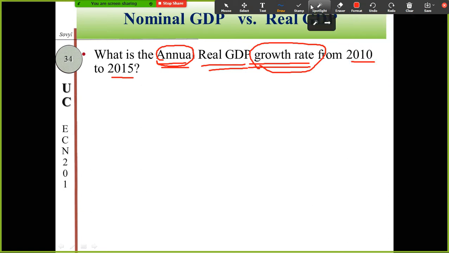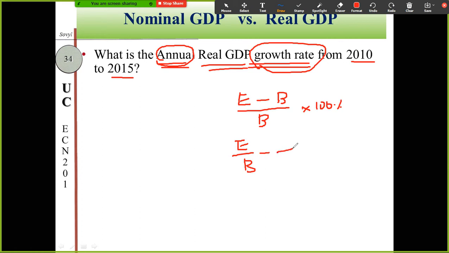So how to find growth rate? Ending minus beginning, divided by beginning, multiplied by 100%. Or I can split into two: ending over beginning minus beginning over beginning, multiplied by 100%.